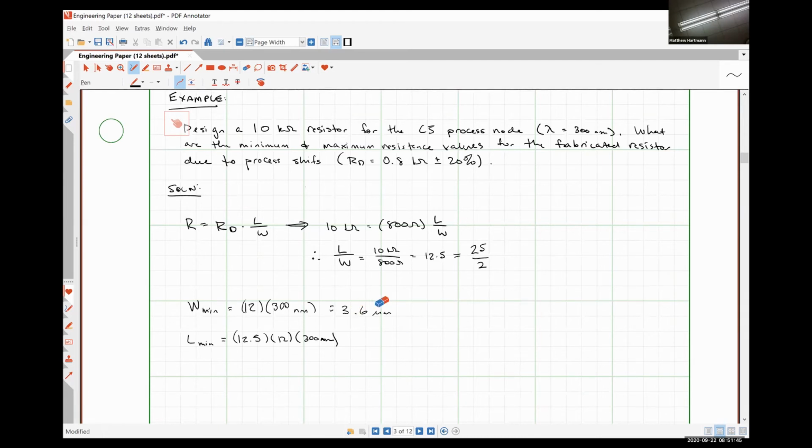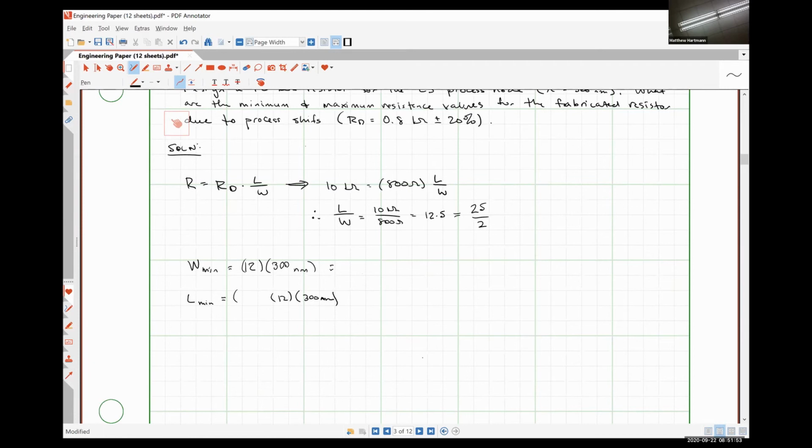So that means, over here, we need a factor of 2. So that becomes, let's see, it was 3.6, so this will be 7.2 microns.